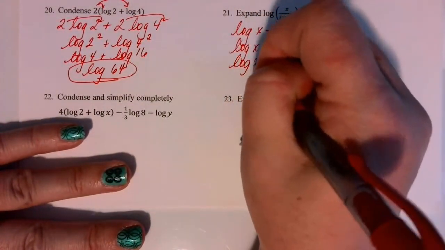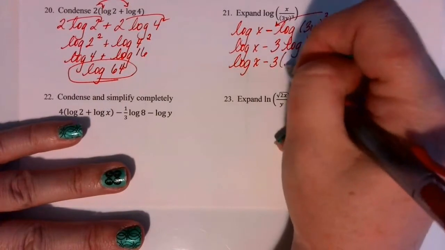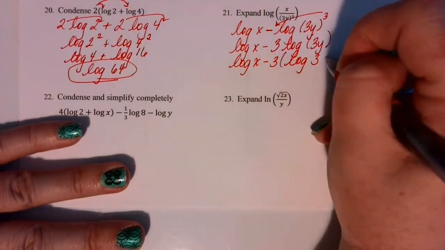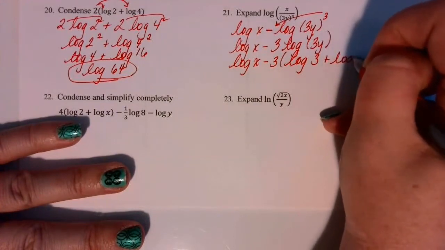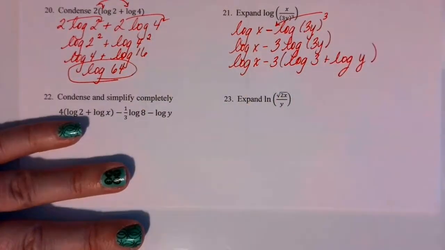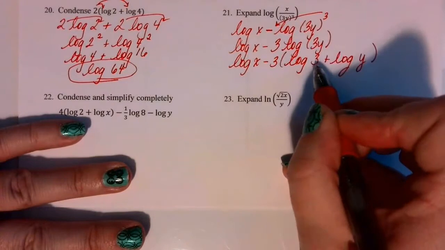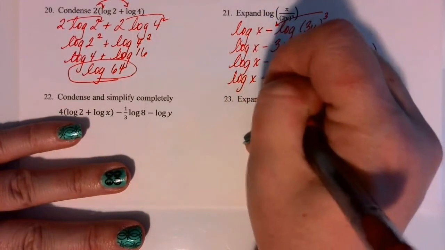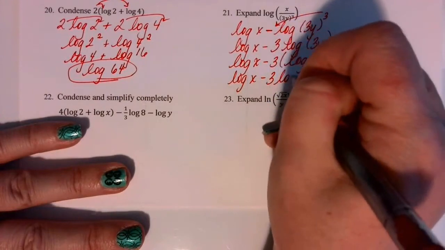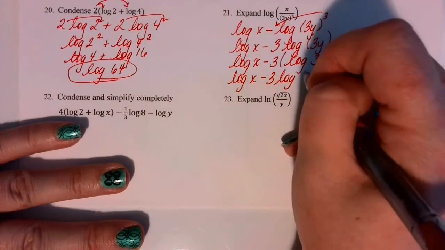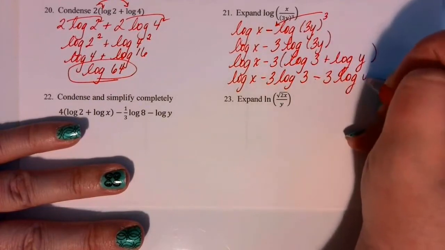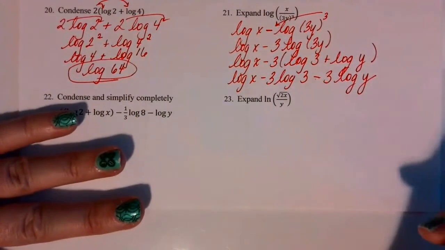So we'll have the log of x minus 3 times the quantity log of 3 plus the log of y. And then we can distribute that negative 3, and we'll have the log of x minus 3 common log of 3 minus 3 common log of y.